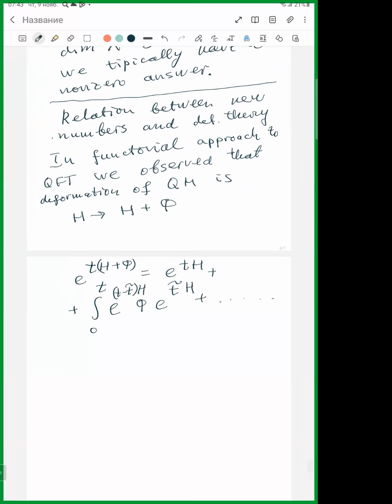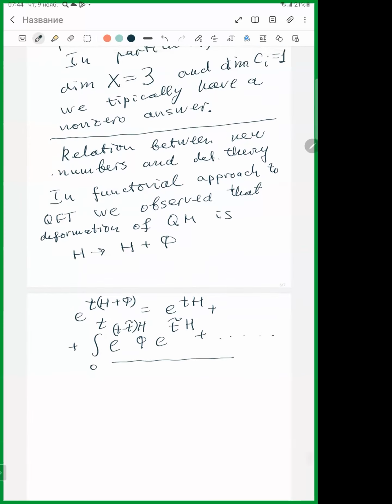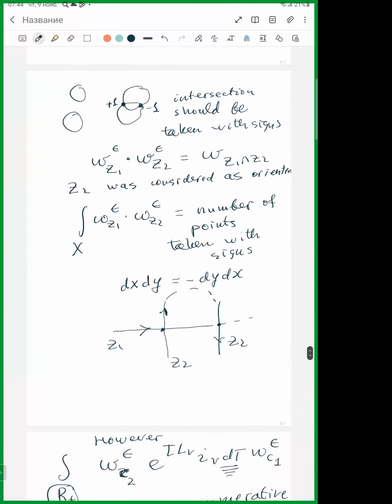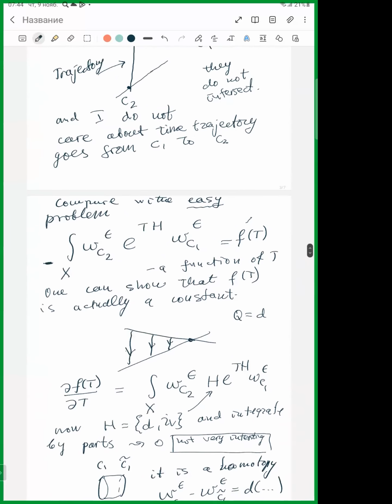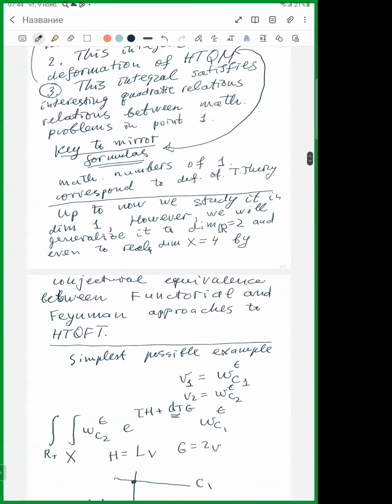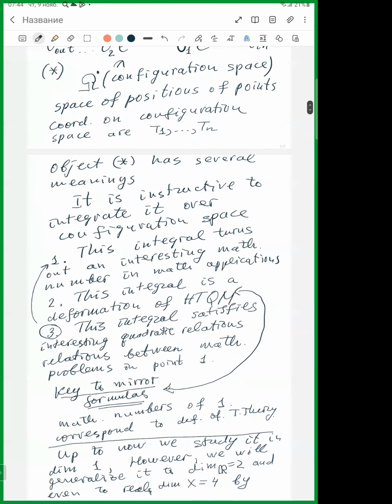Now it is instructive to compare this formula with this formula.